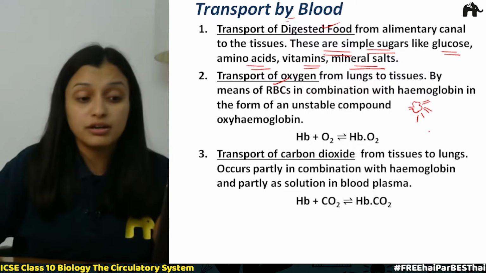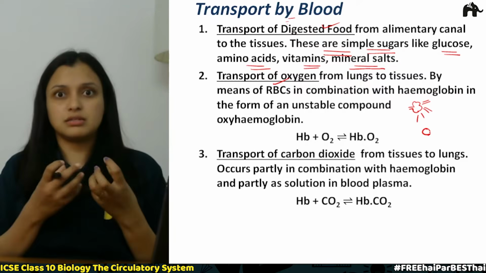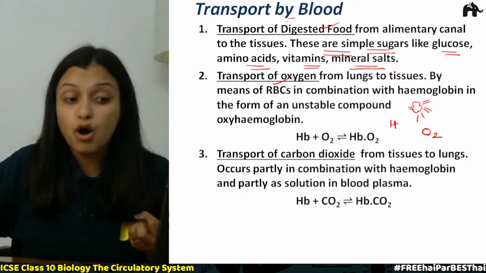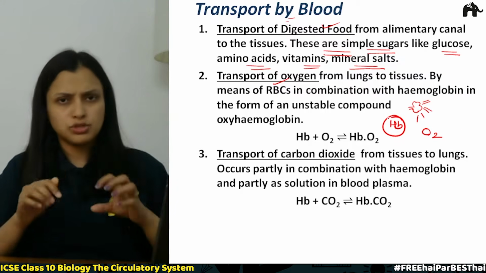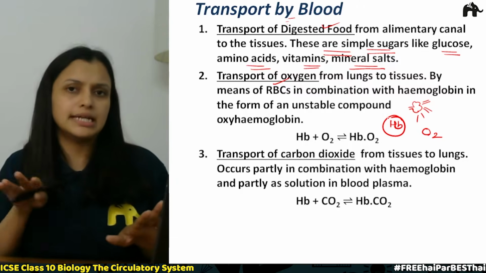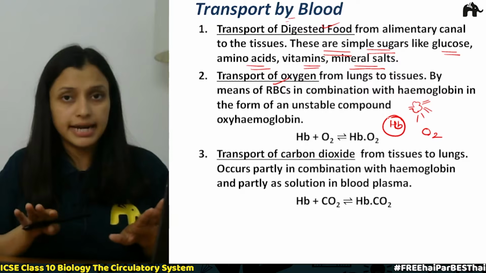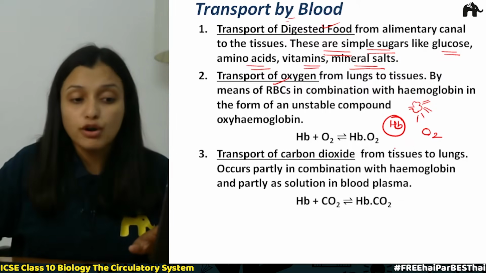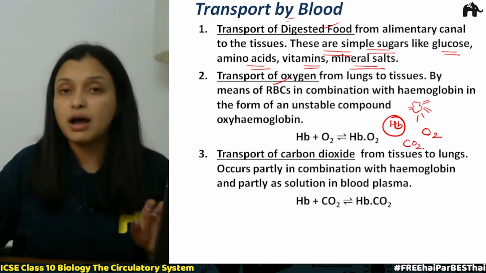And now there is an affinity of oxygen for a component called hemoglobin, which is present inside our blood, right? This blood has more affinity for oxygen as compared to carbon dioxide.